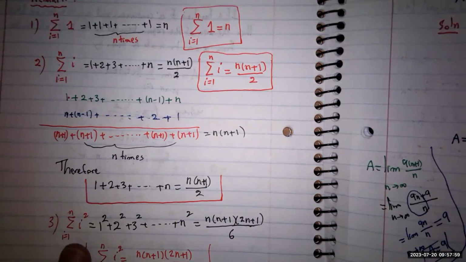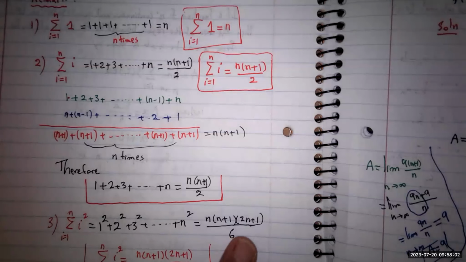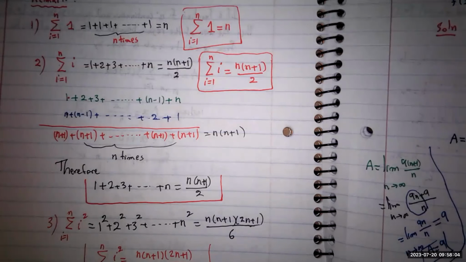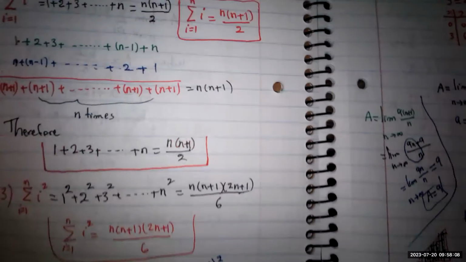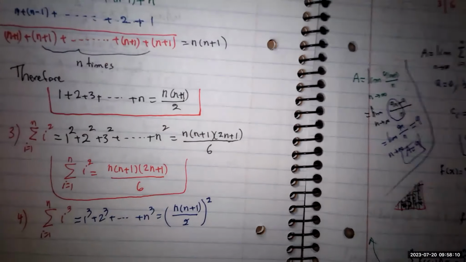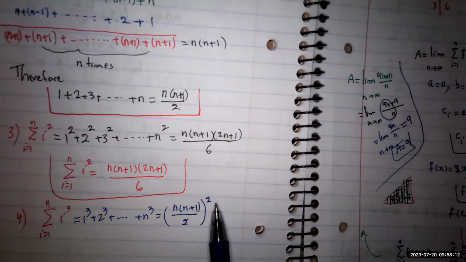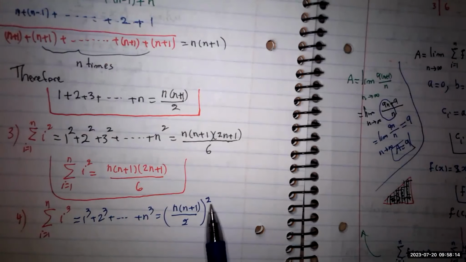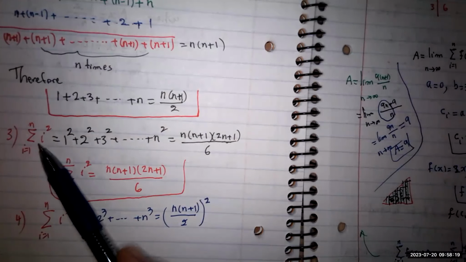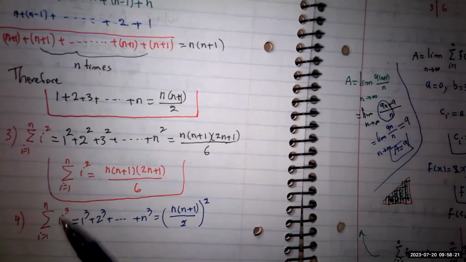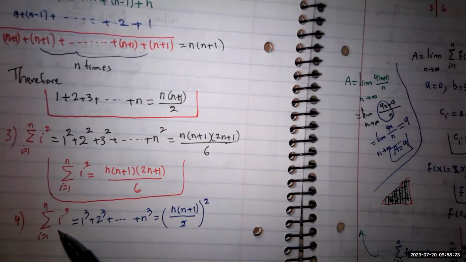Sigma i squared is n times n plus 1 times 2n plus 1 over 6. The one that I'm going to use is sigma of i cubed: n times n plus 1 divided by 2, all squared. Whatever you do, you either get sigma i squared for the problems that we have, or sigma i cubed here.